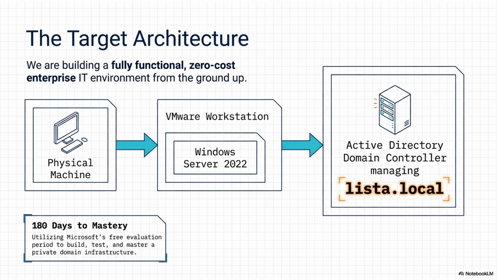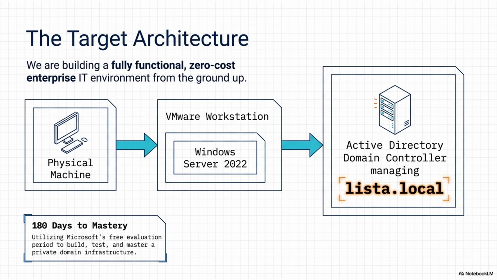Right. So over here we've got our target architecture. To get started, we'll need two core materials. First is the hypervisor, which in this case you can use VMware or Oracle VirtualBox or any other hypervisor that you may know.